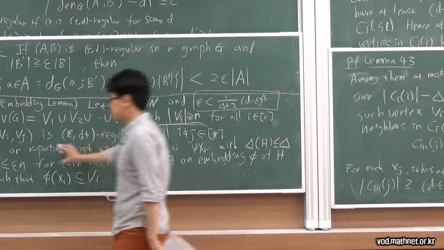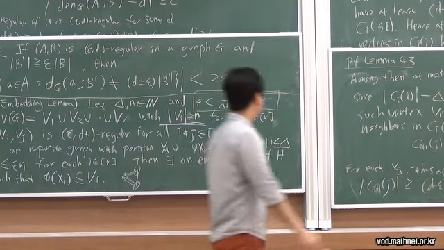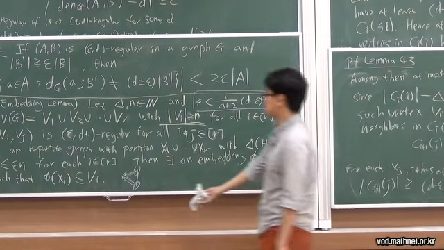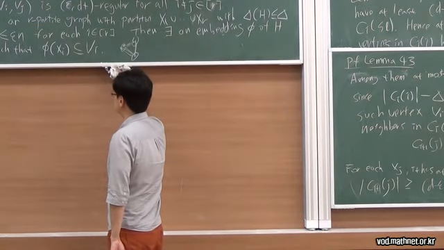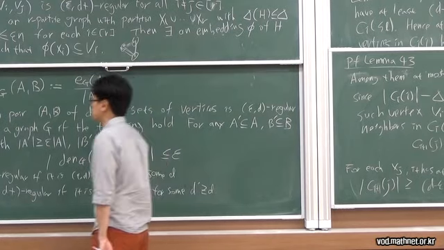So this shows that this epsilon regular structure is very useful for the graph embedding problem. And again, we still want to show that this is useful because lots of graphs admit this epsilon regular structure. So that's another fact that will be useful for us.